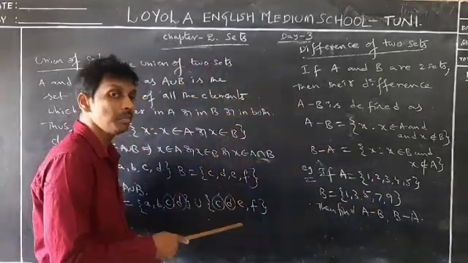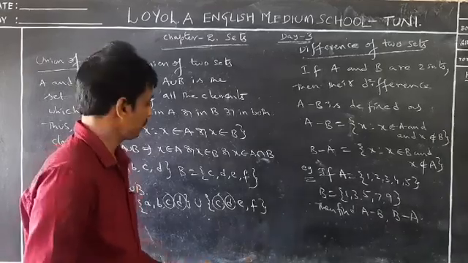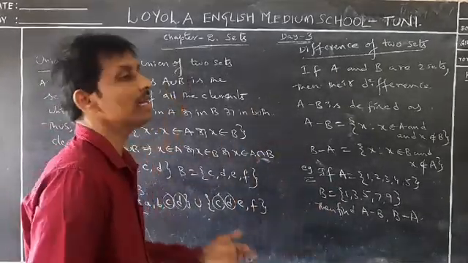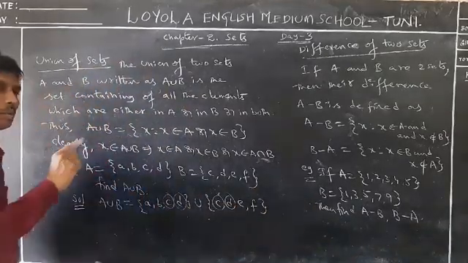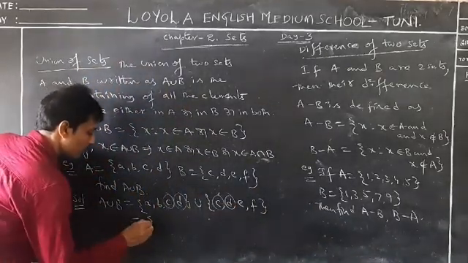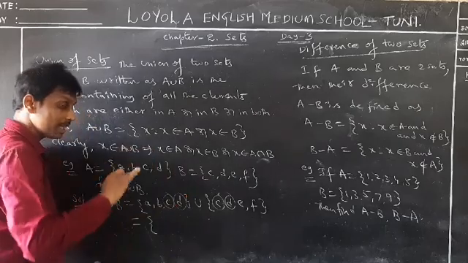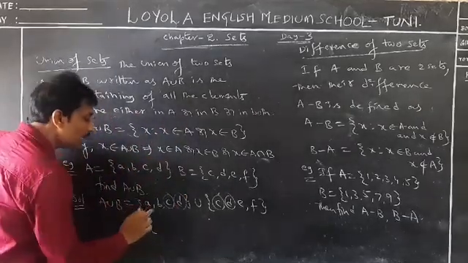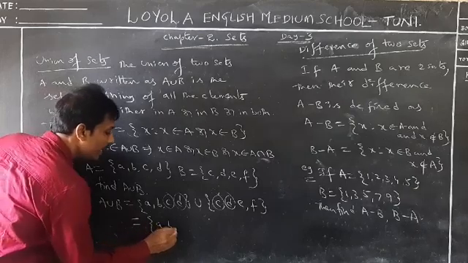If they are in B, we should consider them. If the elements are in both the sets, again we should consider them. So we combine all the elements. First of all, write from here. What are the elements which are only in A? Only A elements are a and b.